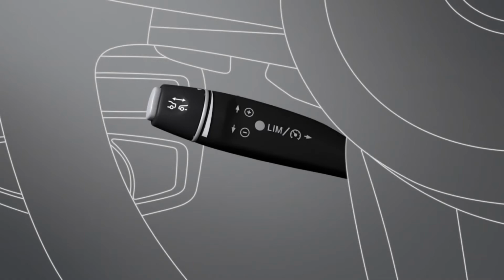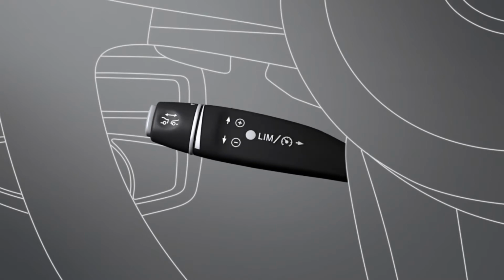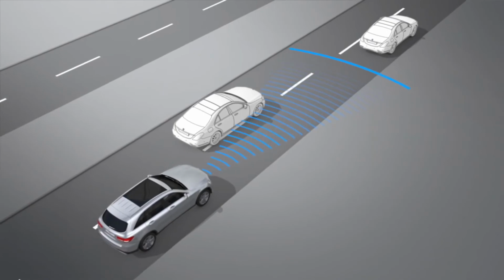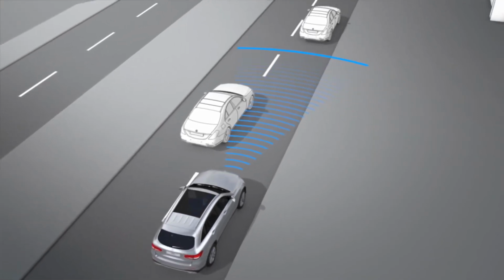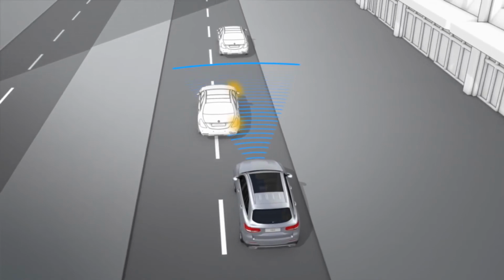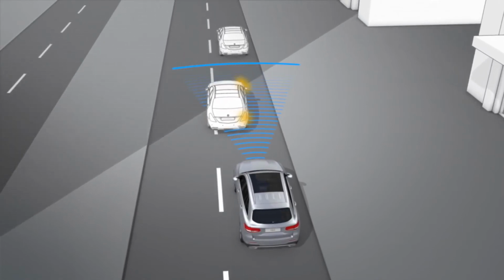You can increase or decrease the desired distance by turning the cruise control lever. To deactivate Distronic Plus, push the cruise control lever forwards or depress the brake pedal. Please note that Distronic Plus may not be able to detect other road users if, for example, they're driving on a different line or changing lanes.